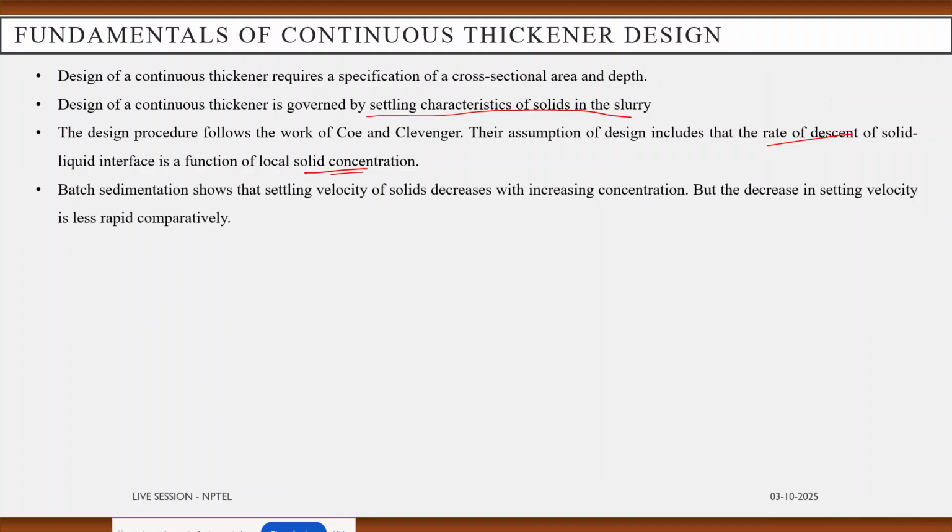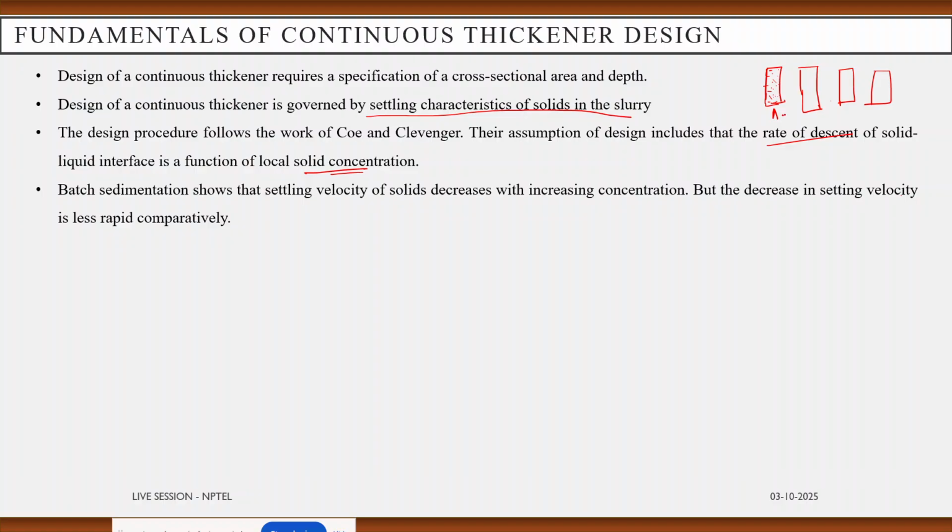In the last class we discussed the batch sedimentation process, where we took a vial, suppose, completely filled with the slurry.